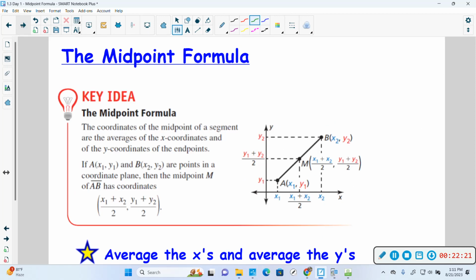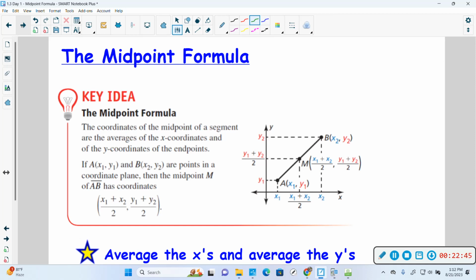Okay, let's get to the easiest part of the lesson, my friends, the midpoint formula. So, coordinates of the midpoint of the segment are the averages. I hate to memorize formulas. I just say midpoint's in the middle, so I'm going to do the average. Just like if I want to know the average class score, I total them up, divide by how many scores there are.